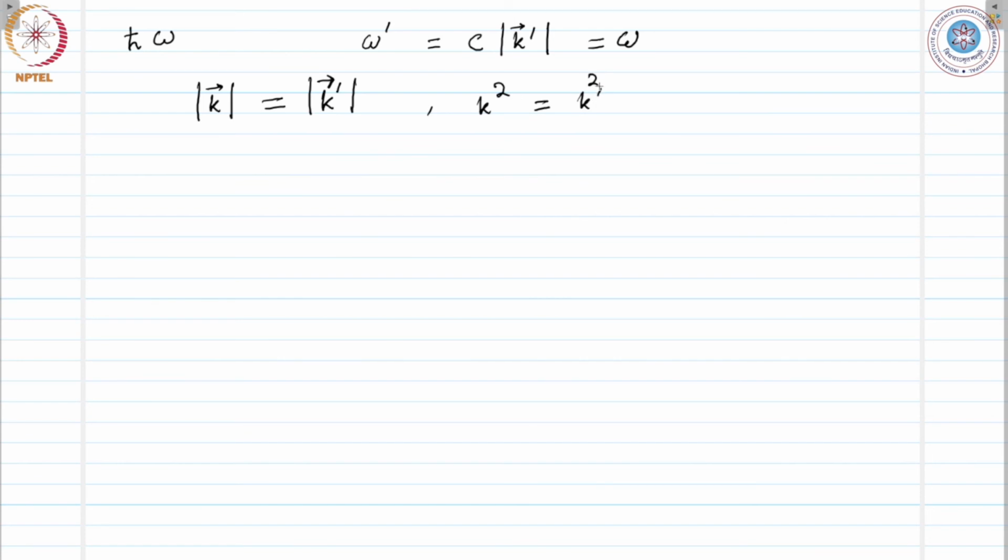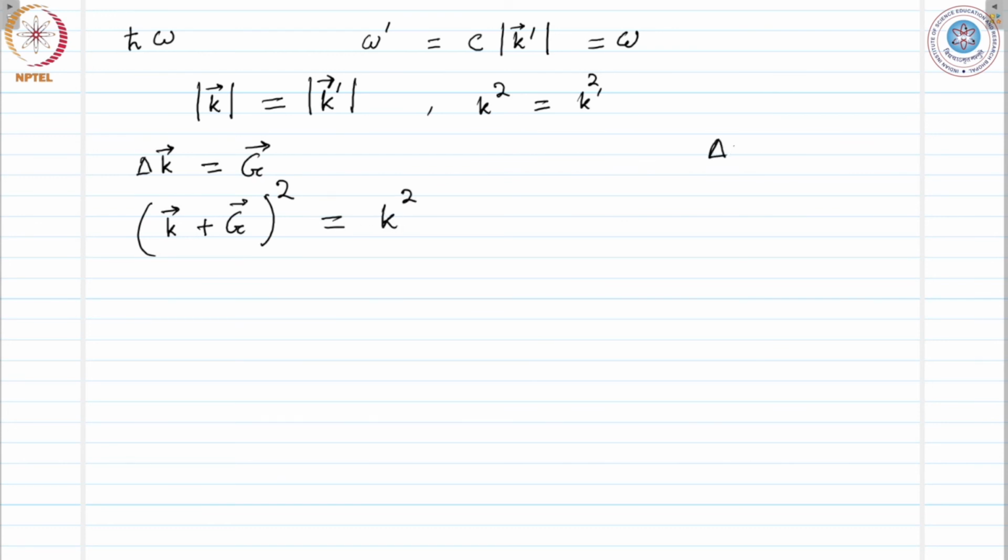And we have earlier seen that for a diffraction pattern, a bright spot, we need delta k equals G for non-vanishing scattering amplitude. And if delta k equals G, we can write (k plus G) squared equals k squared.